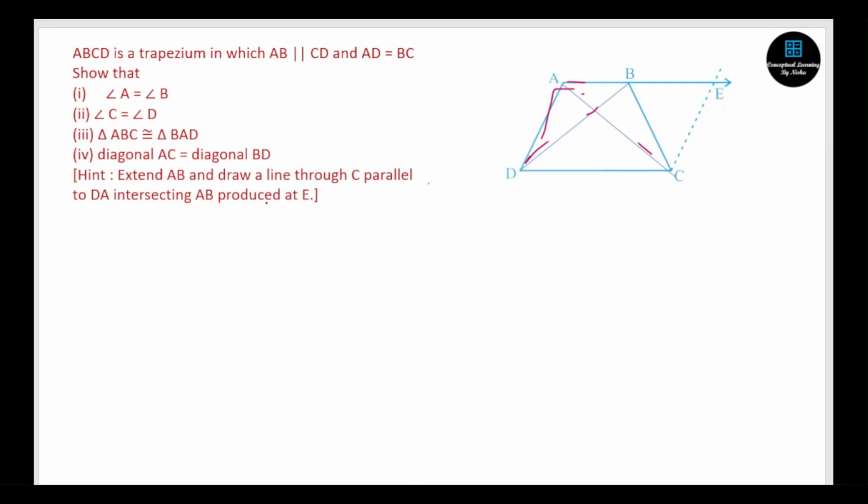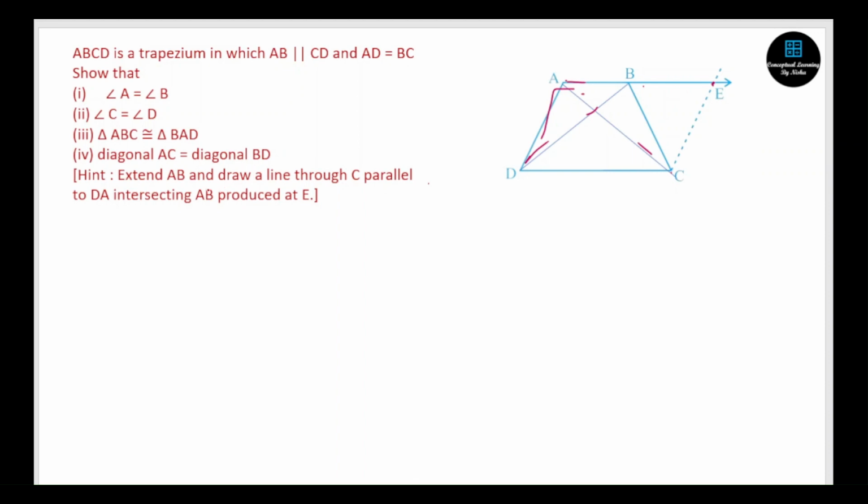What construction are we taking? We are extending side AB, and we are taking CE parallel to AD, which both intersect here at A. So this is the construction which we have taken.